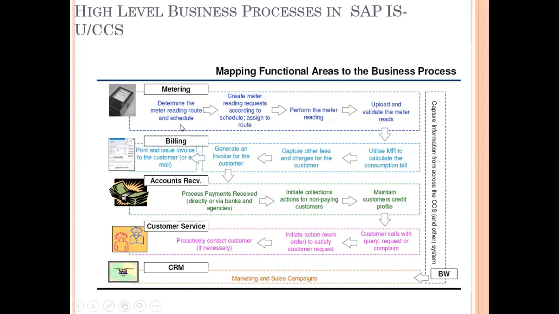If you recollect the ISU house, that's a street. Now that street routing needs to be linked to the device, and from that address we can understand on this date we need to get the meter reading, whether it's monthly or bi-monthly. So for that period we will capture the meter reading from that site. So that's how the scheduling and street routing need to be linked to the meter.